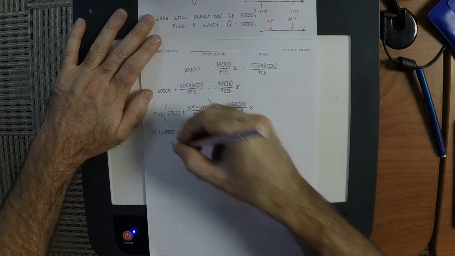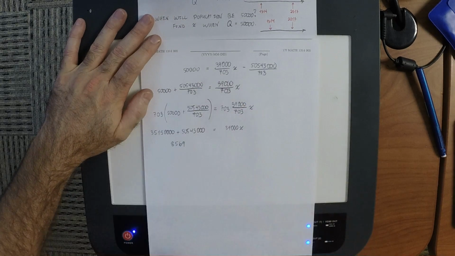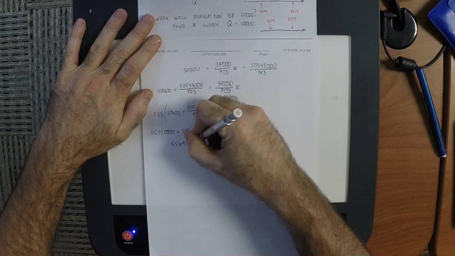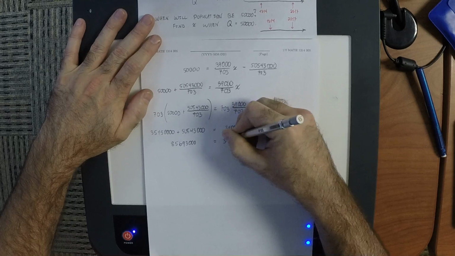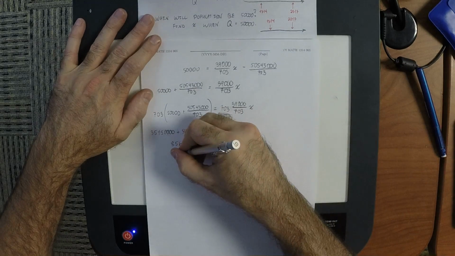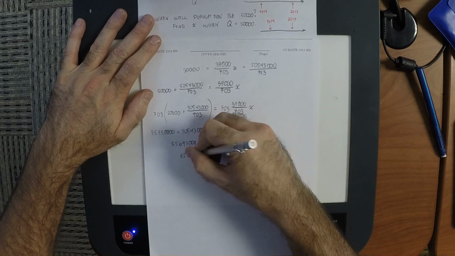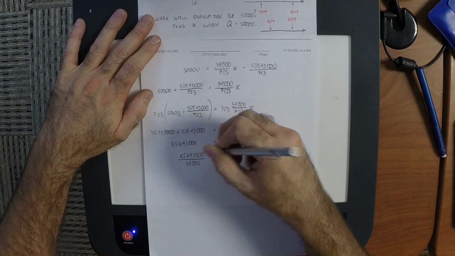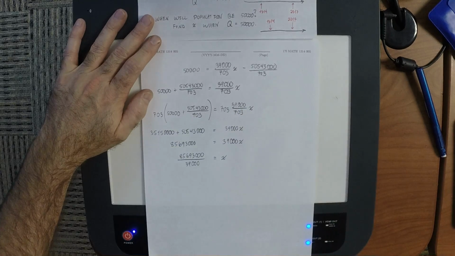Okay. 85693 with 3 zeros is this much x. Okay, divide 85693,000 over 39,000 is x.